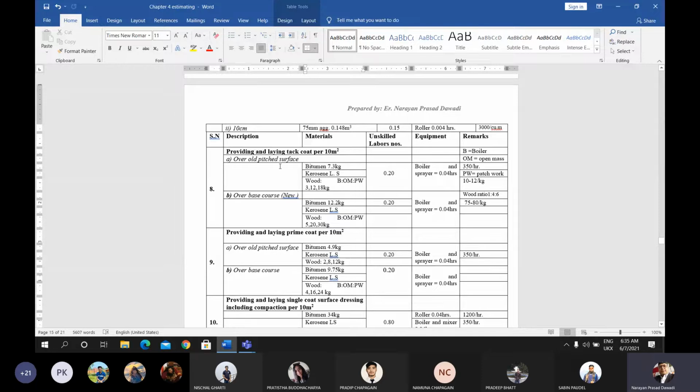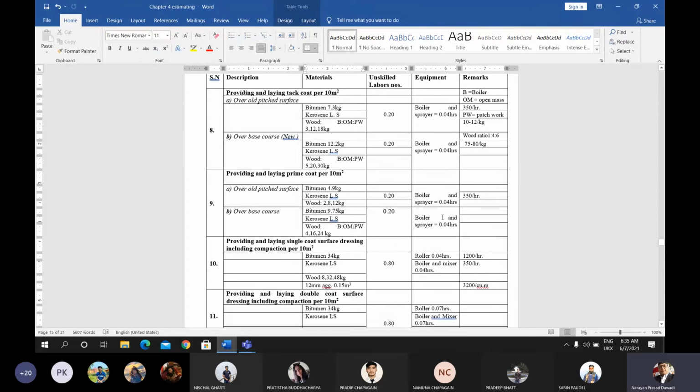If you are not told which to do for the analysis of rates for tack coat, then always do B over the base course, that is the new surface. Now this item number 8 B is very important. You do B.